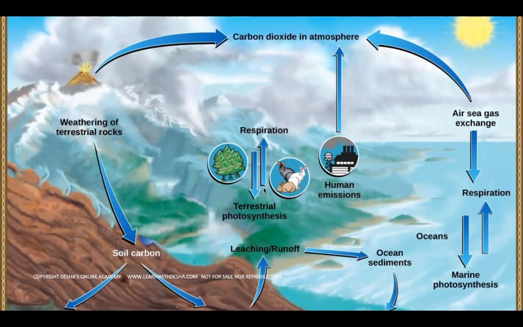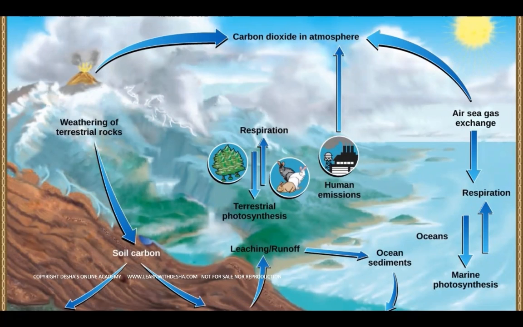Now, apart from that, we also have the process of respiration occurring in the carbon cycle. So remember, respiration combines the food that was produced from photosynthesis with oxygen to produce carbon dioxide and water. Now, apart from these biological processes, we also have anthropogenic activities which are carried out by humans.